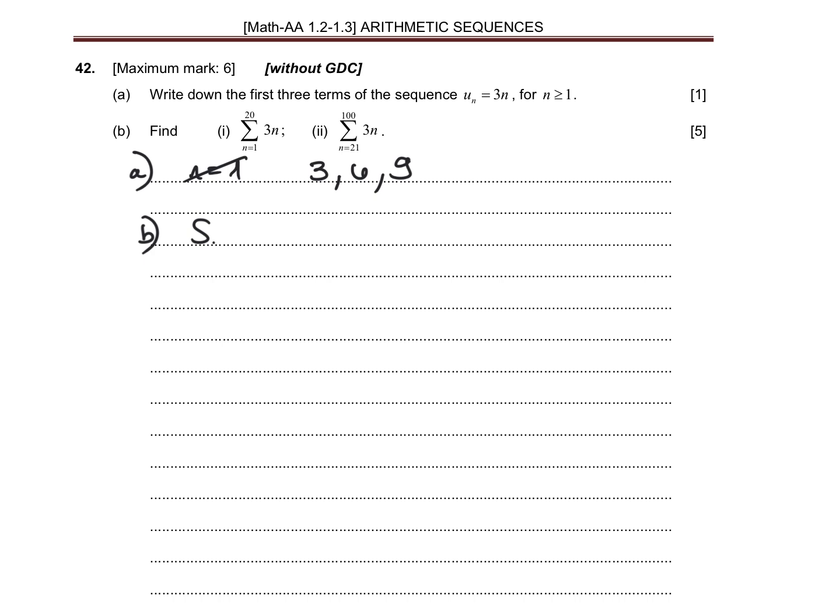So we want the sum of 20 terms without a graphing calculator. N over 2, and we can just do the first term, which is 3, and the last term, which is, when we substitute in 20, 60. So we have 10 times 63, 630.